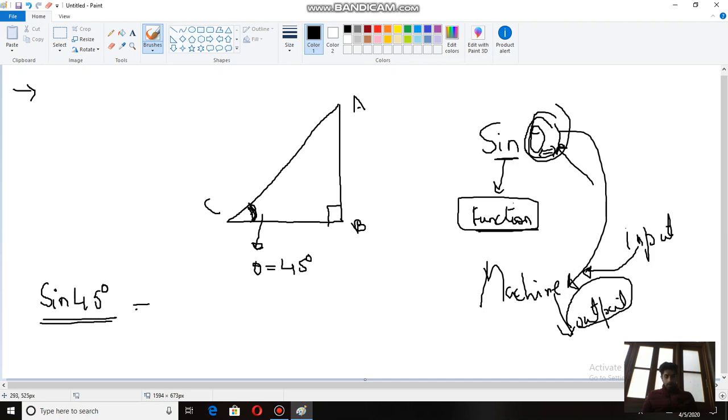Now what is the definition of sine ratio? It is perpendicular, because side opposite to this angle is perpendicular, by hypotenuse. This is our hypotenuse and side adjacent is base, so it is AB by this hypotenuse, that is AC.